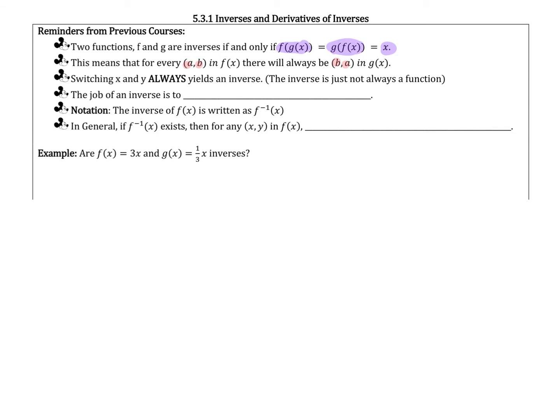So really what we're saying is that we're switching our x and our y. Something important to note is that anytime you switch x and y, you have created an inverse. It's just not always true that that inverse is a function. The job of an inverse is to undo or reverse the operations of another function.